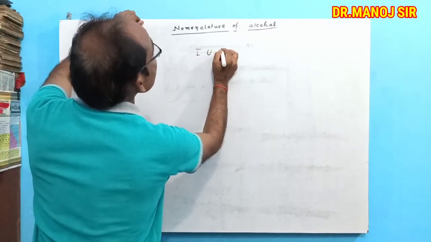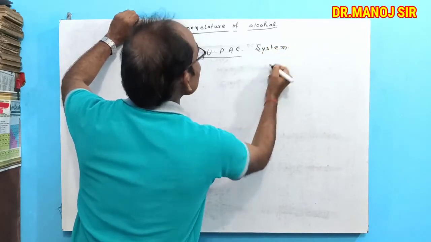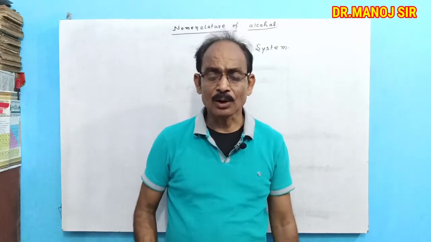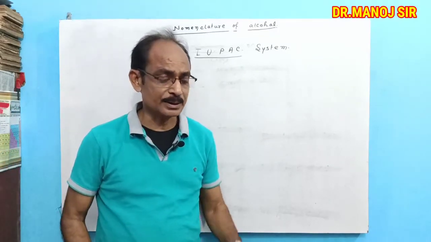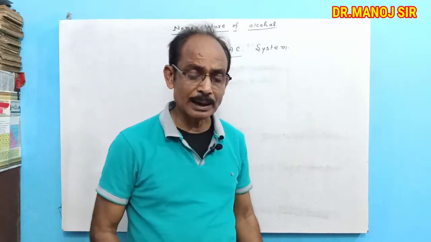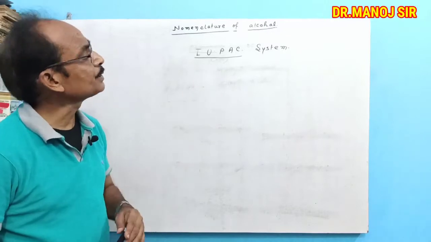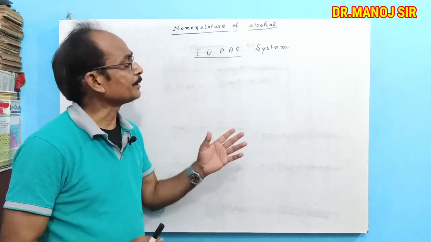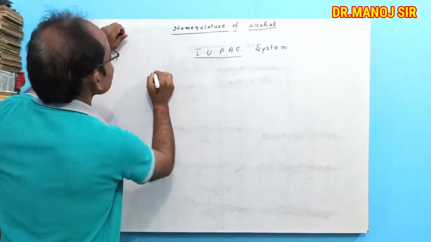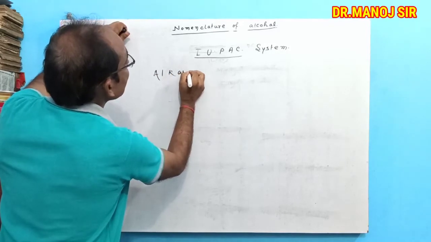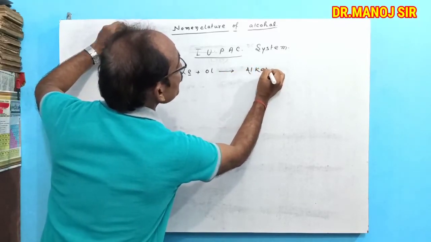The IUPAC system of nomenclature of an organic compound of alcohol can be denoted by the suffix ol, adding the suffix ol while replacing the e from an alkane and substituting ol in the alkane that produces alkanol.